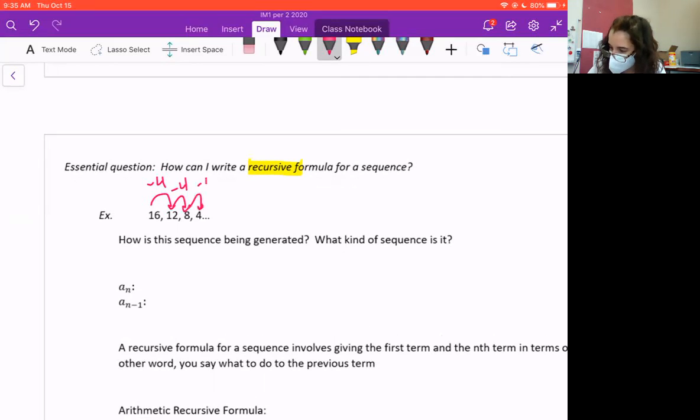From 8 to 4, we also subtract 4. So we have a consistent pattern here. This sequence is being generated by subtracting 4 from the previous term.